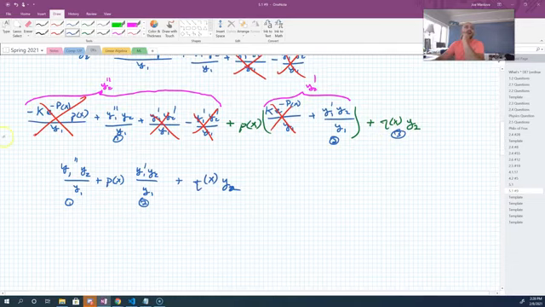Out of all this junk, I'm going to factor out 1 over y1, and look, there's a y2 in everything as well. You guys see that? So I'm going to factor out a y1 on the bottom and a y2 on the top.